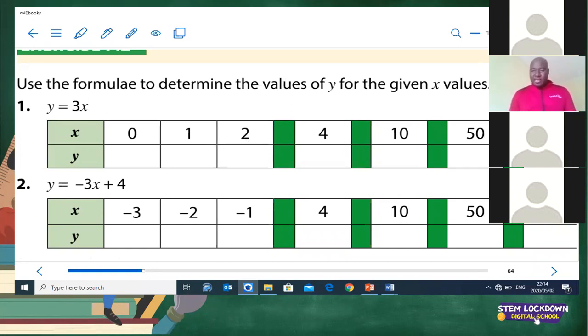Let me see if there is a hand. The hand has disappeared now. What will be the value of y if x is 2?